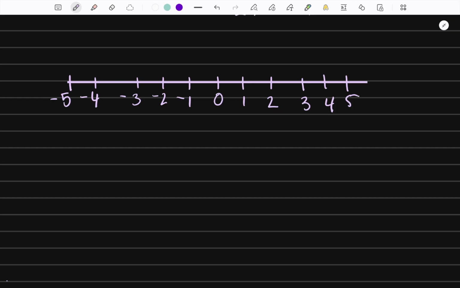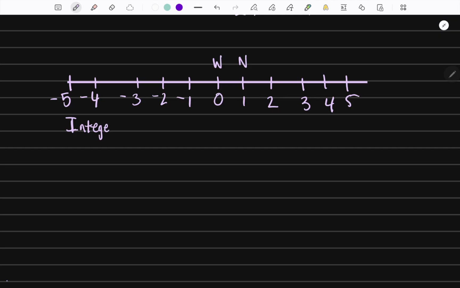So, using a number line where whole numbers begin, I'm going to use a double-struck W to represent whole numbers, and then I'm going to use N to represent natural numbers, and I is integers.